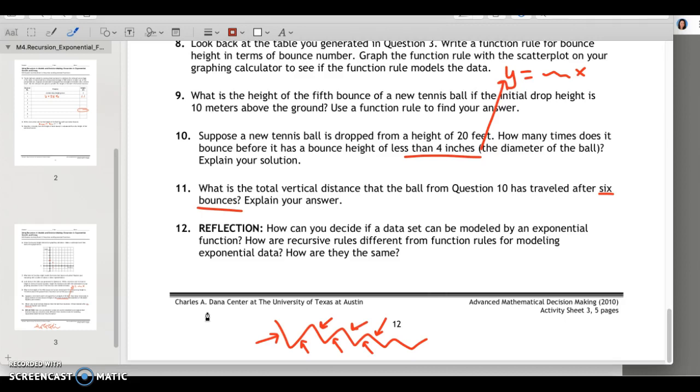You need to go back to your course content and take a look at all of the data regarding exponential functions and make sure that you understand how exponential functions are representative, what they mean, how fast they decrease, how slow they decrease, what the recursive rules look like for modeling exponential data, and then describe how they are the same for number 12. Hopefully this will help you, and if you have any additional questions, please contact your teacher.